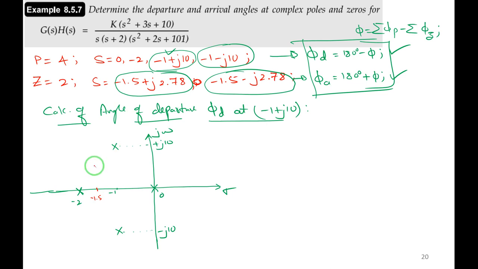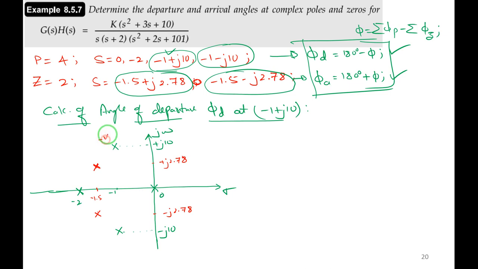The diagram should have been expanded, but let it be, no problem. Corresponding to this is minus j2.78. I have located all the poles and zeros, I have not left anything. Next, we will calculate the angle of departure at minus 1 plus j10.